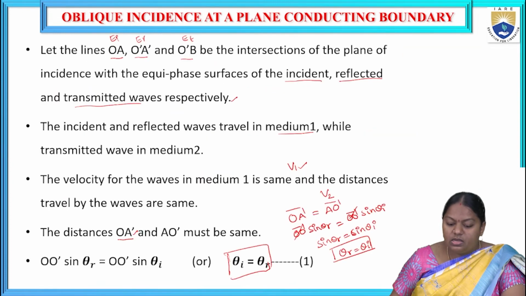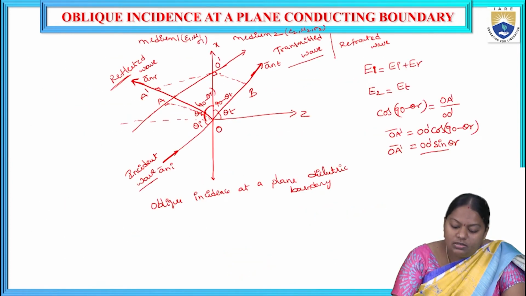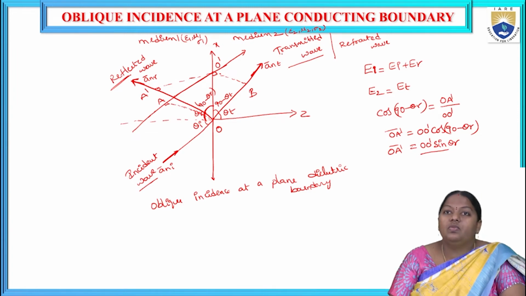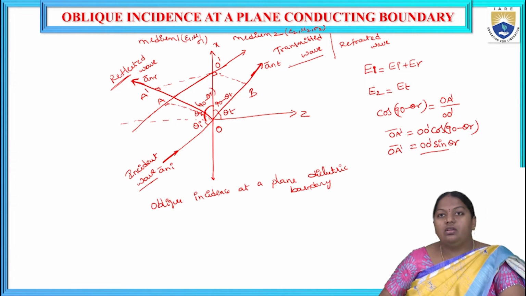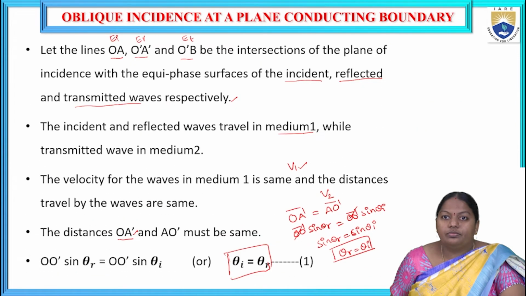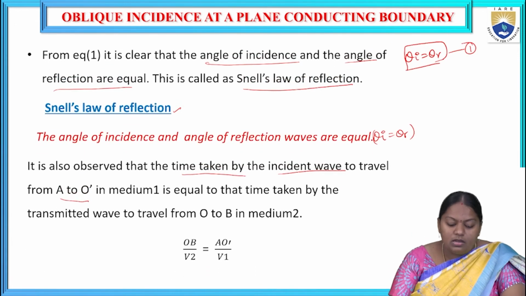A to O dash, if you observe here in the figure, this is the time taken by the incident wave to travel from A to O dash, and the time taken by the transmitted wave to travel from O dash to B must be the same. This A to O dash in medium 1 is equal to O dash to B in medium 2. So this is related to the incident wave and this is related to the transmitted wave. The complete analysis is derived from this particular figure only. So the time taken by the incident wave from A to O dash in medium 1 is equal to the time taken by the transmitted wave from O to B in medium 2.